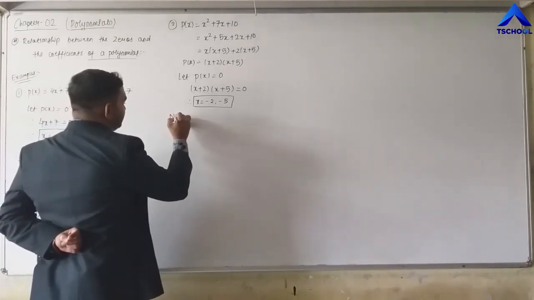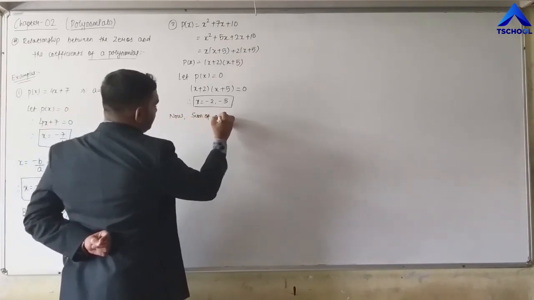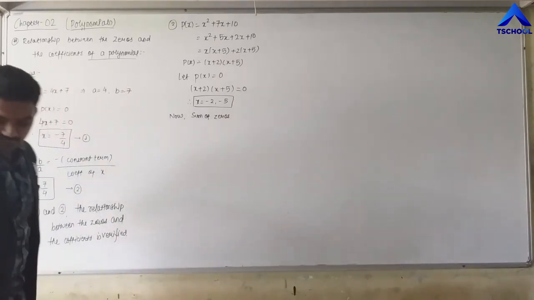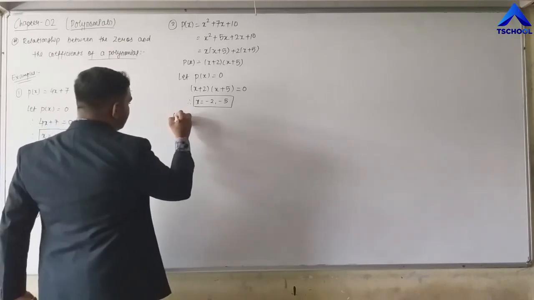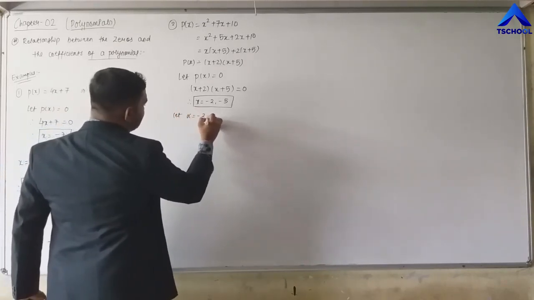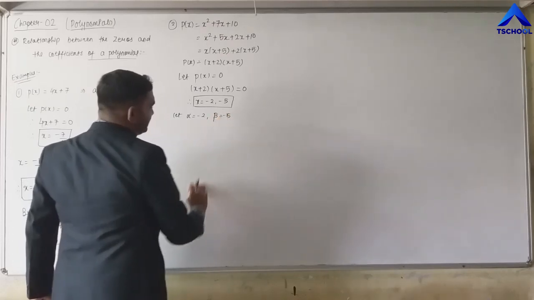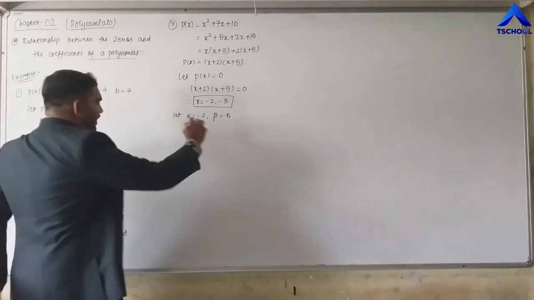Now comes the sum of zeros. How to find the sum of the zeros? Before that, let alpha equal minus 2 and beta equal minus 5.